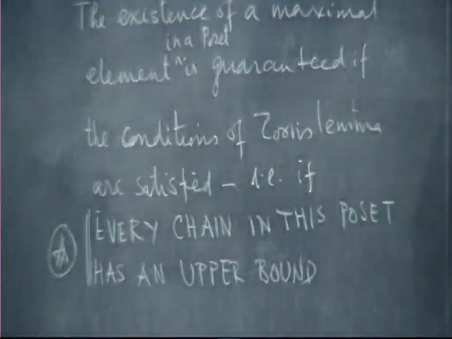If every chain in this poset has an upper bound, we are guaranteed a maximal element. So, we have to go through these words. What is meant by a chain? What is meant by an upper bound?